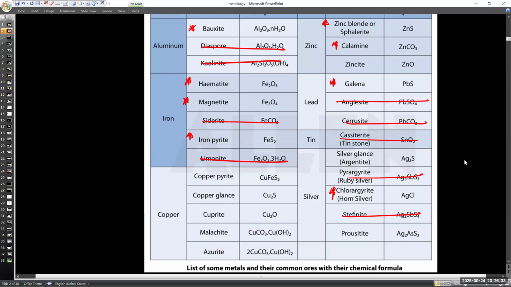Sir, whatever has a star we also have to write? Yes, you have to write only the star ones. The ones that don't have a star, you can write those also if you wish. But the star ones are very important.